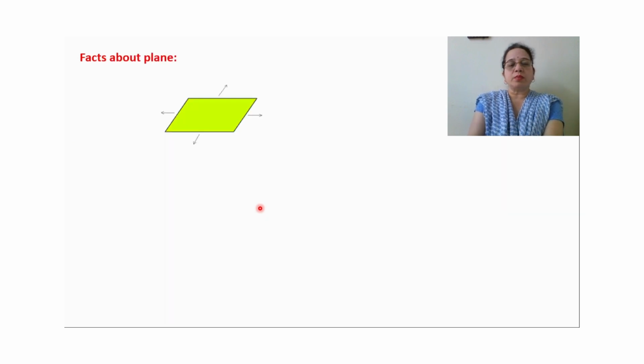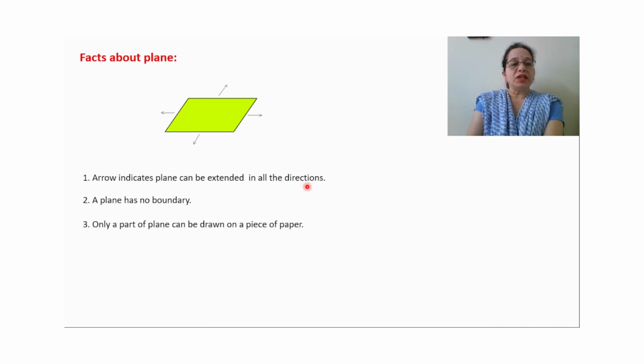Now few facts about the plane. Arrows indicate plane can be extended in all the four directions. Second one, a plane has no boundary. Since we can extend in all the four directions, what does it mean? A plane has no boundary. We cannot draw a complete plane on a piece of paper.